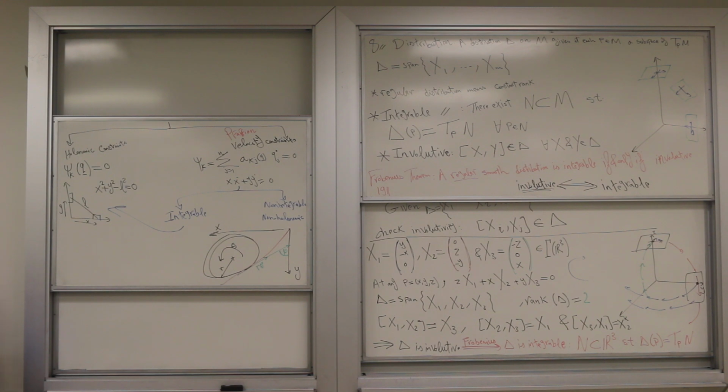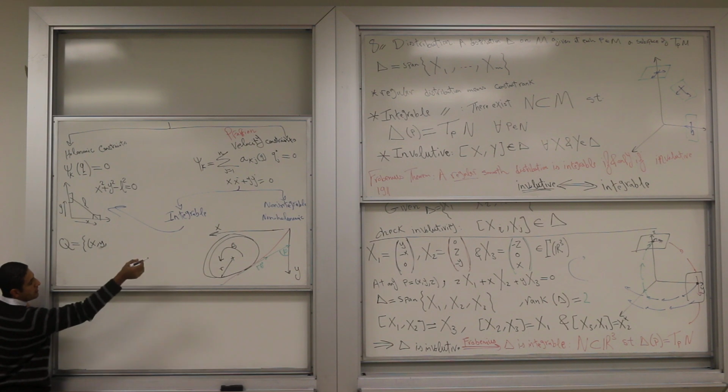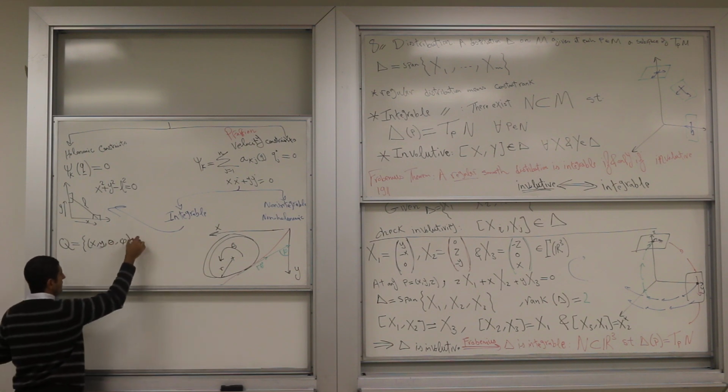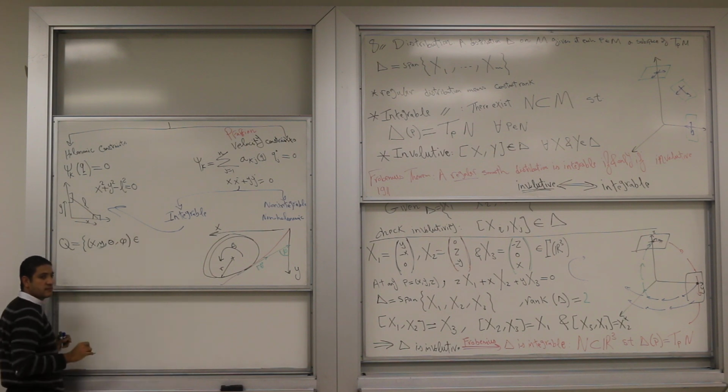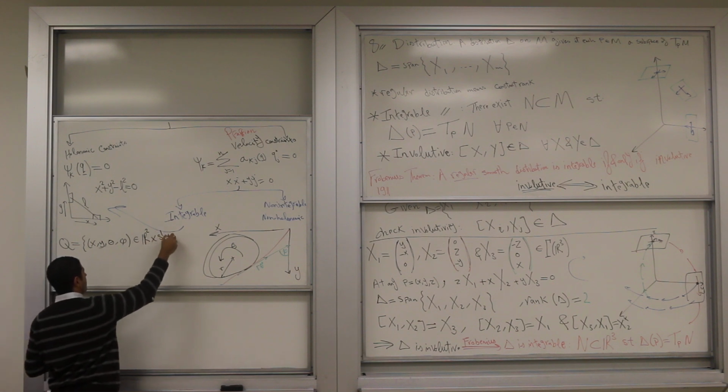Okay? So we have 4 degrees of freedom. My configuration space is every x and y, and theta and phi. That is, xy is R2, theta is S1, phi is S1, right?